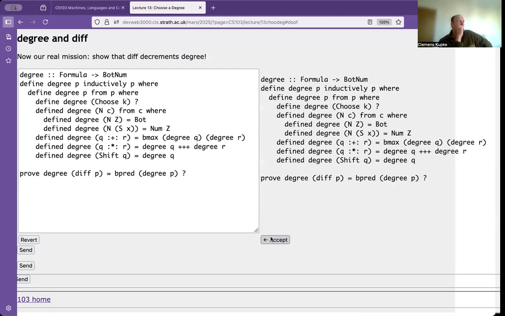What's the degree of the constant function returning one? It's zero, right? If we had said n to the zero instead of choose zero, we'd certainly say that's degree zero.